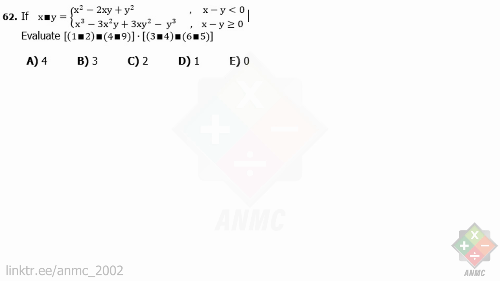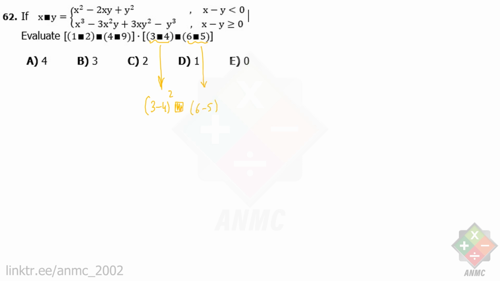We have a trick in this question because 3 and 4, 6 and 5 are similar to each other. Let's check 3 and 4 and 6 and 5. 3 is less than 4, so this means 3 minus 4 square. Then 6 minus 5 is bigger than 0 and it is 6 minus 5 cube.